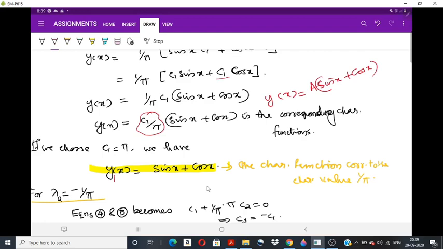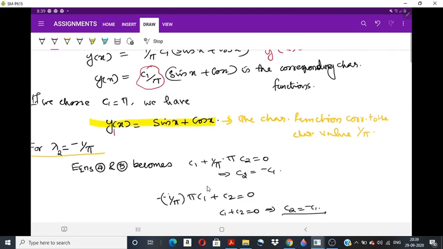And there are so many other characteristic functions which are multiples of this given function, which are linearly dependent. So we take the fundamental function, or the basic function, as y1 of x equal to sin x plus cos x. This is the corresponding characteristic function for the characteristic value 1 by pi.